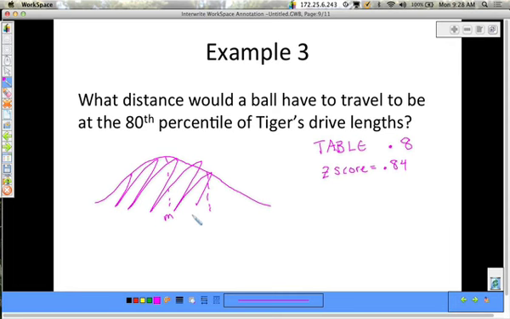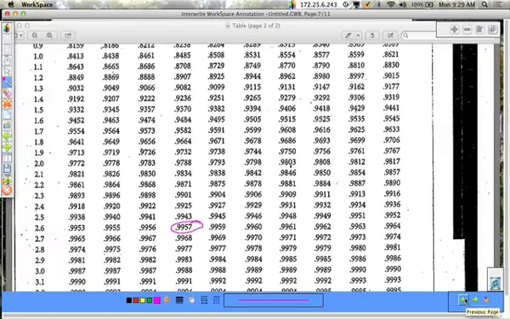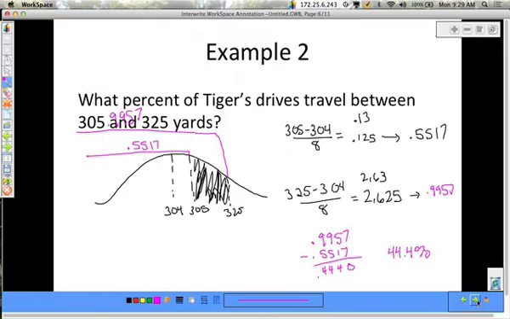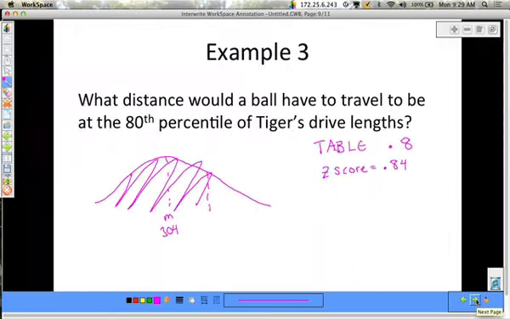Well, what does this mean? It's 0.84 away from our mean, which we know is 304, 0.84 standard deviations. What do we know a standard deviation is? It was 8 yards. So it's not a full standard deviation away. It's 0.84. So 8 is our standard deviation times 0.84.